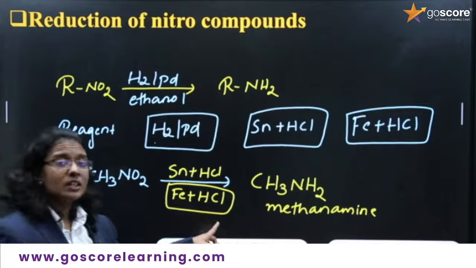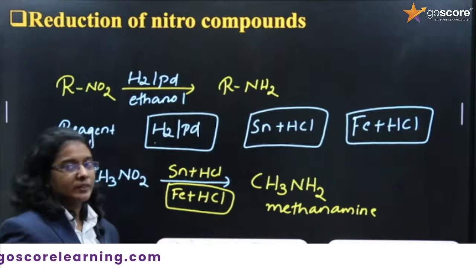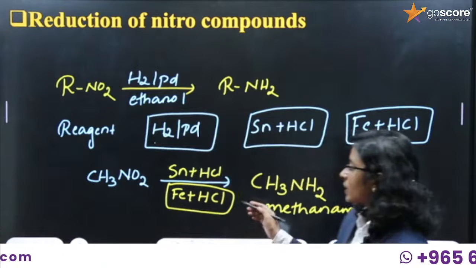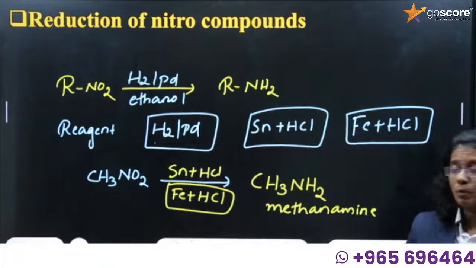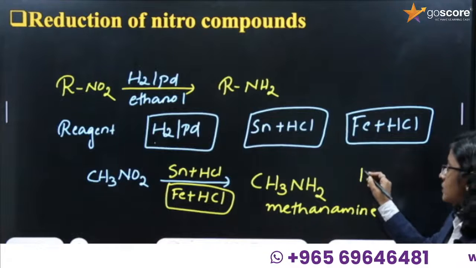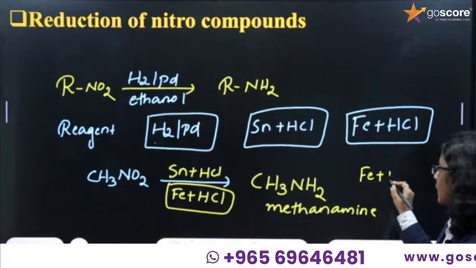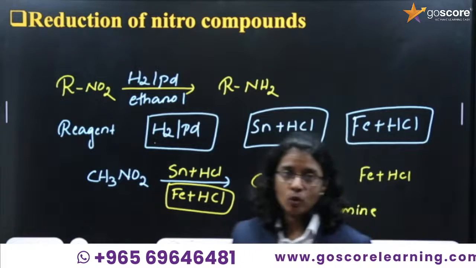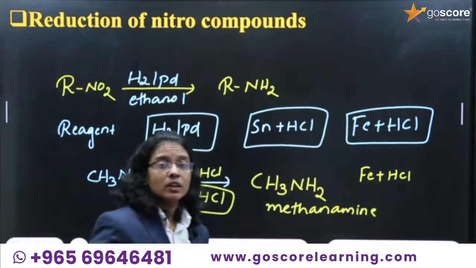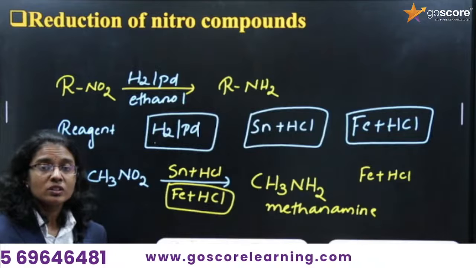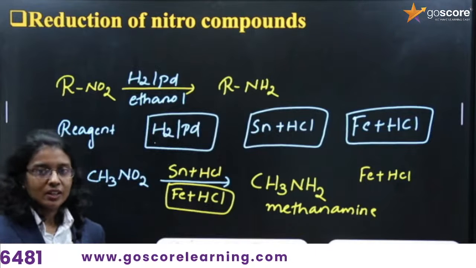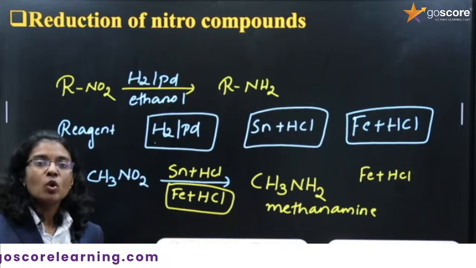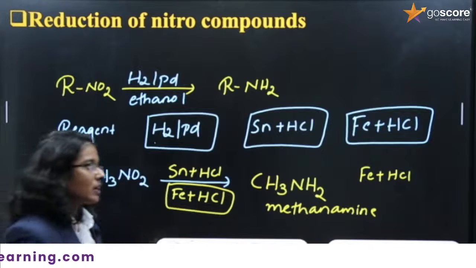Again, one important question from this part is why Fe plus HCl is preferred more. This is a reasoning type question. Because when we react with Fe plus HCl, FeCl2 will be formed, and that FeCl2 on hydrolysis gives HCl again. So initially we have to take only a small amount of HCl to initiate the reaction.